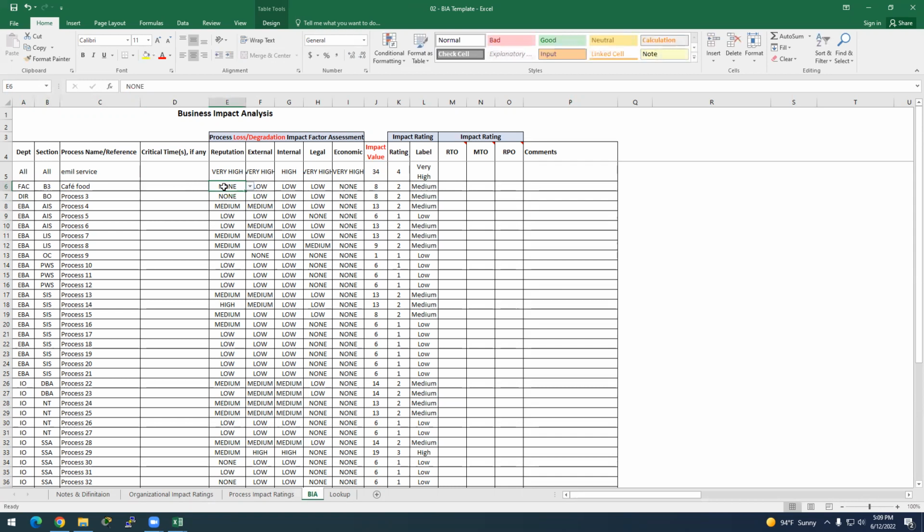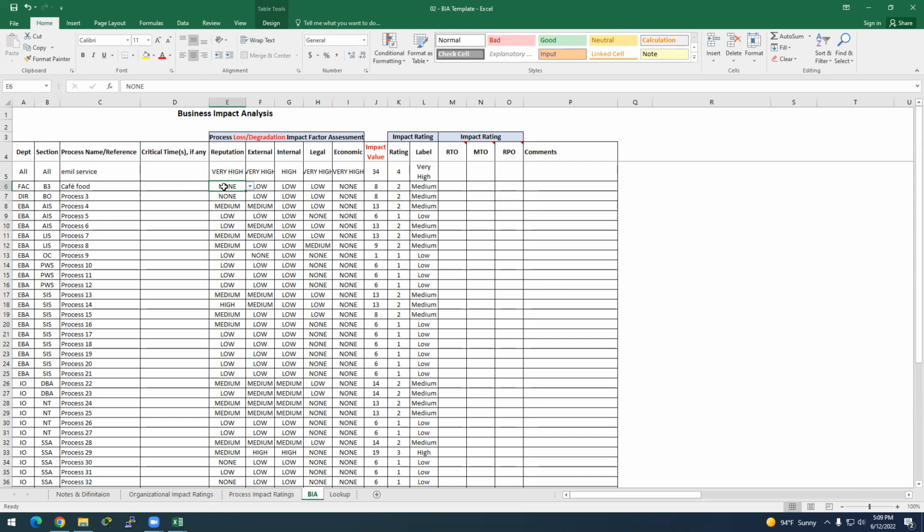So cafeteria food. When it says reputation, what we mean there is how important it is to your business, if you're the cafeteria, that your reputation is good in the outside world. Maybe that's quite important.